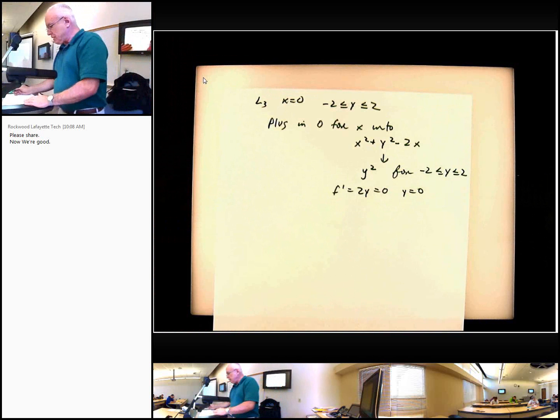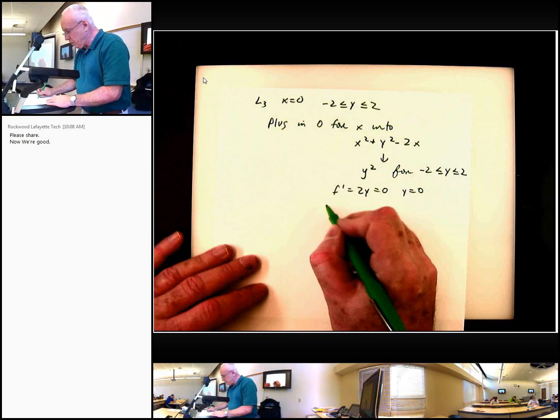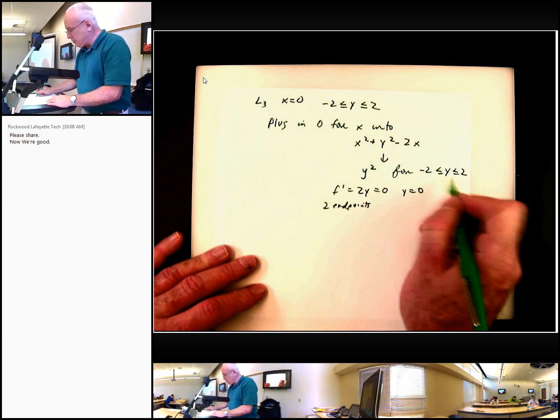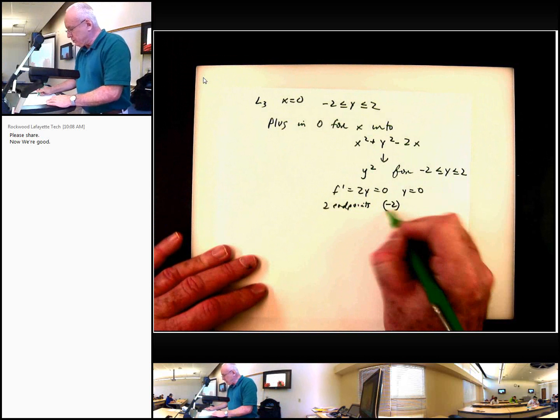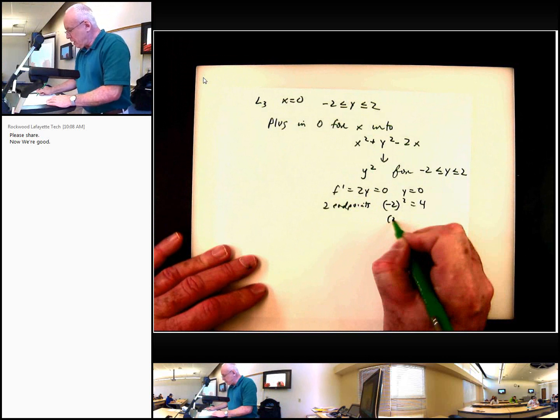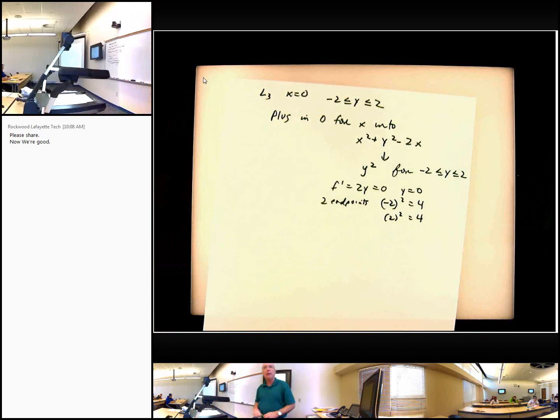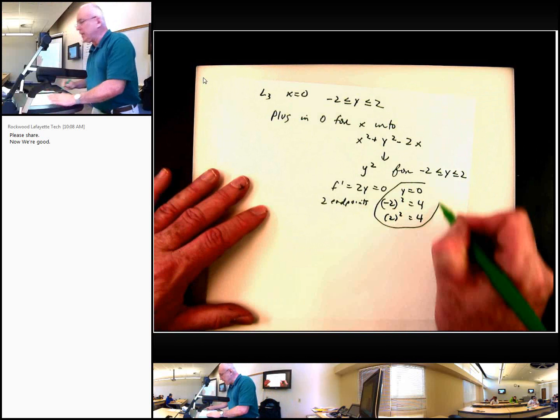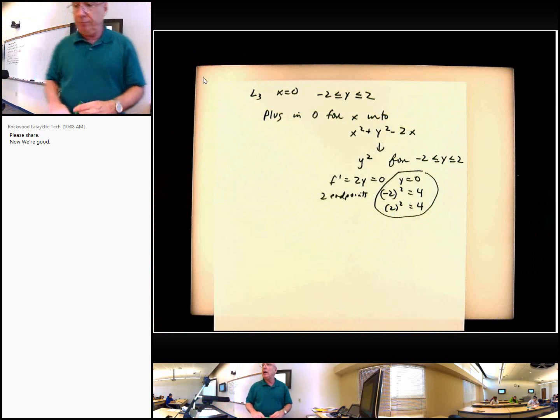And then we check the two endpoints, -2 and +2, and we get, of course, the same values for either of the two endpoints. Okay, so these are the three values that we obtain for the third line.